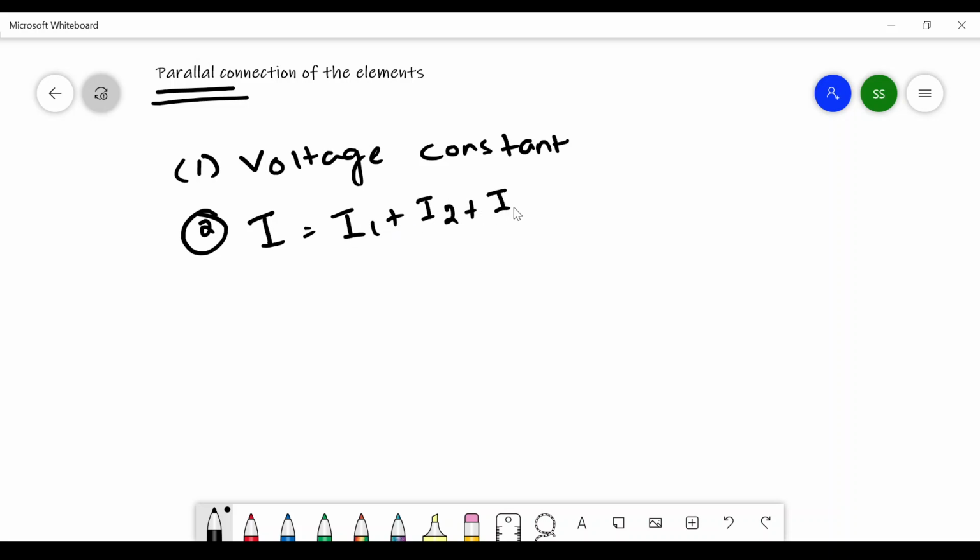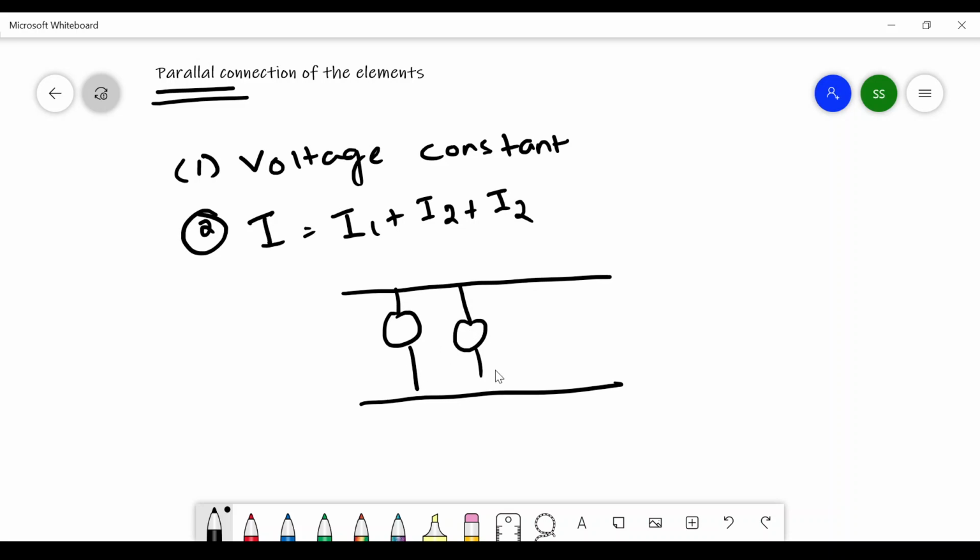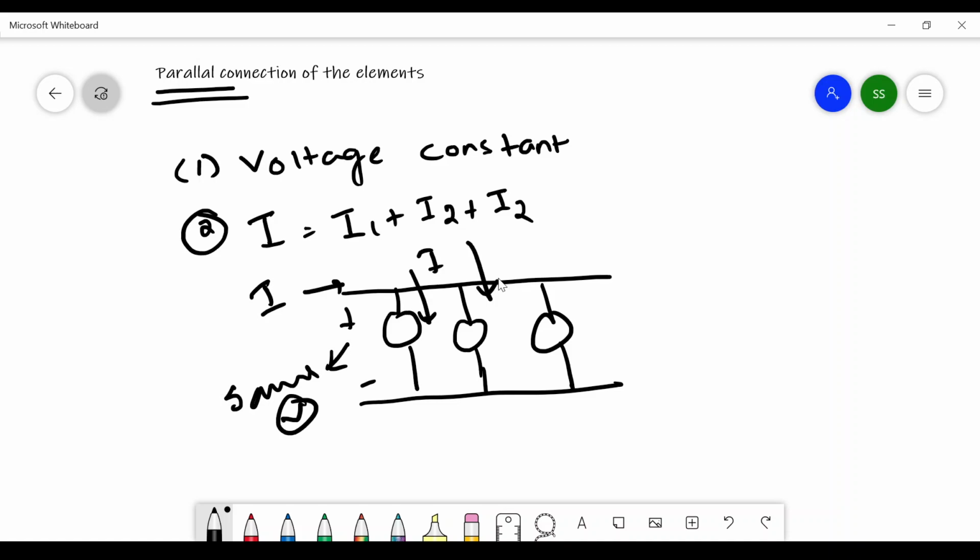So if this is two parallel lines and the elements are connected this way, then the voltage will be the same across all the elements, and the current here is I1, here I2, and here I3, then the total current will be I1 plus I2 plus I3.